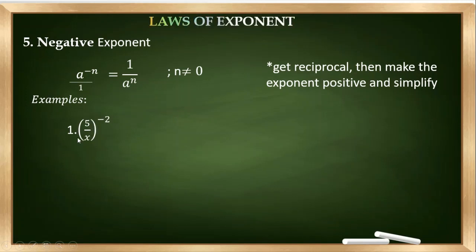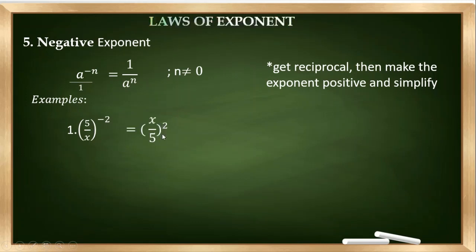Okay, so for example, we have here quantity of 5 over x raised to negative 2. So since parehas na naka-enclose, ayan, so kung i-flip natin siya, kahit i-distribute natin sila isa-isa muna, pwede rin. So magkakaroon sila isa-isa ng negative 2, negative 2. But since it's negative exponent, so kailangan pa rin natin silang reciprocal. Okay? So para magawa yun, pwede natin silang reciprocal diretso.